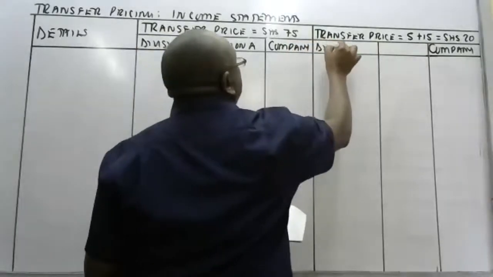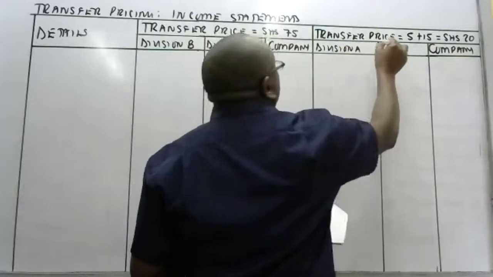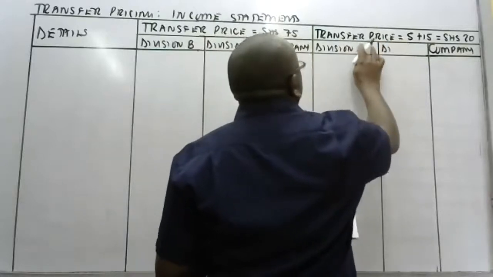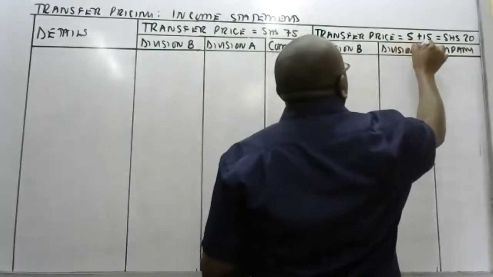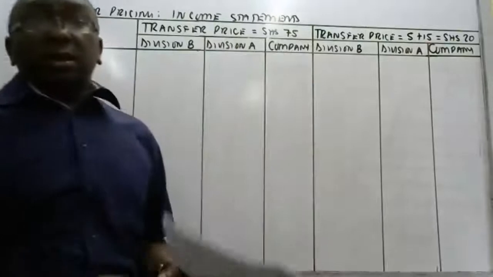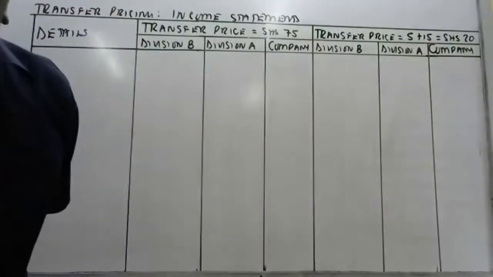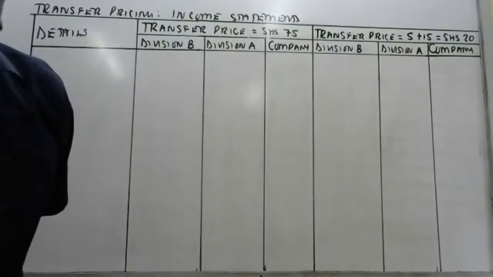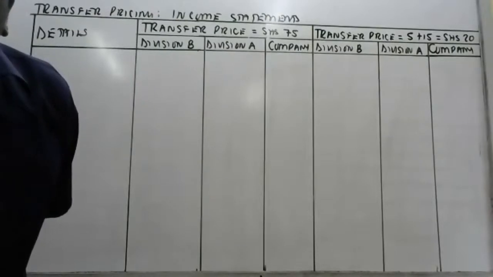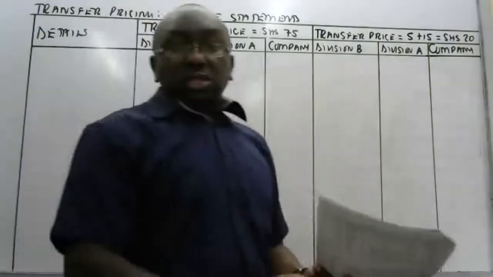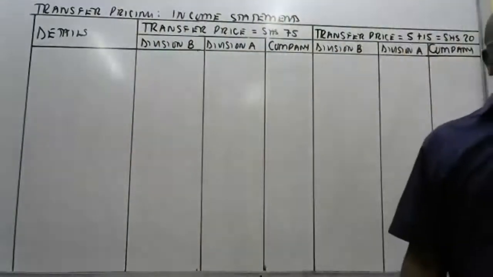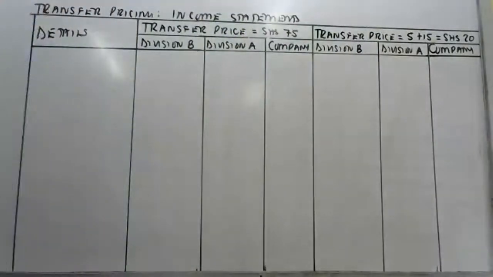Then I have division B here, and then I have division A. Once you finish drawing, say I'm finished, so that now I pick up from there.